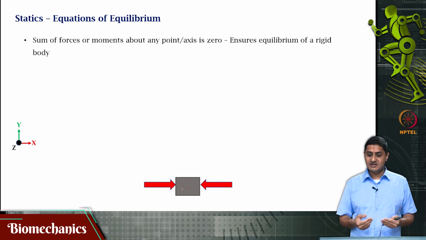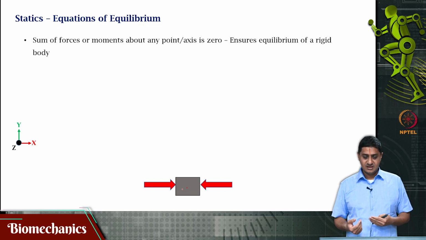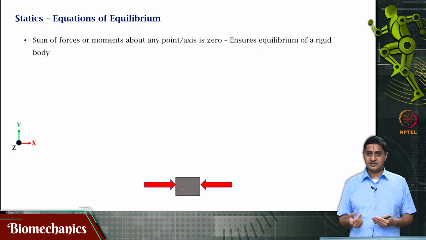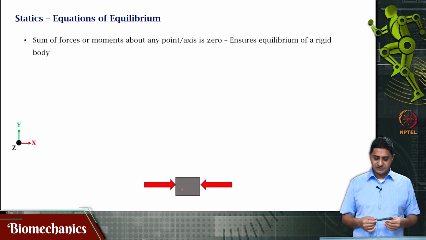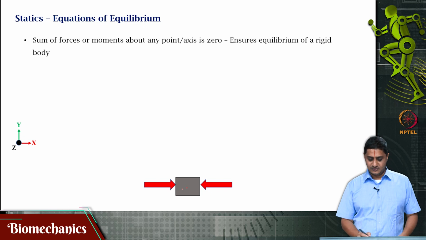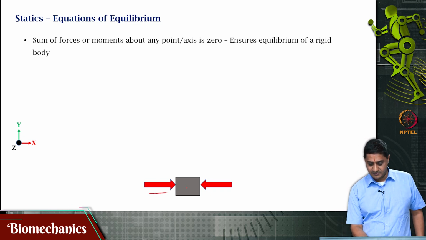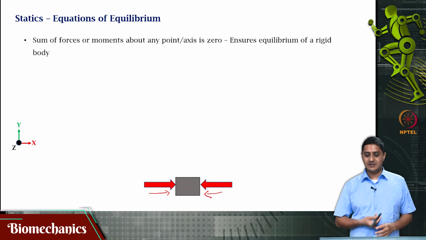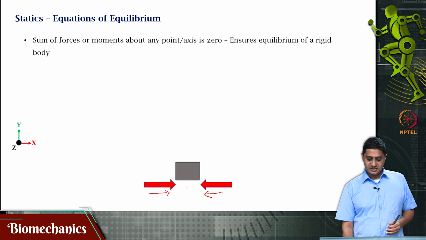If there was no acceleration of this object in the x direction, that means the sum of forces in the positive x direction and the sum of forces in the negative x direction exactly match each other. That is one. In that case the object can still move up or down, just that it cannot move left or right.